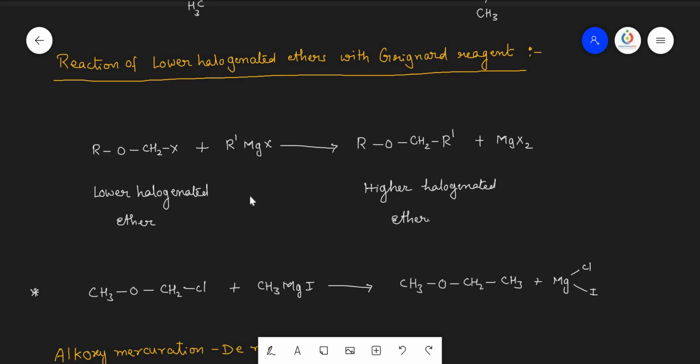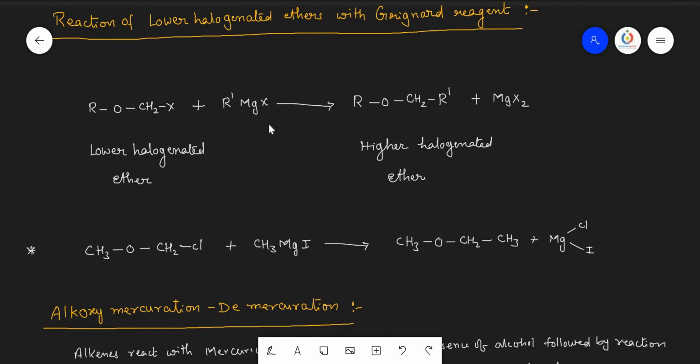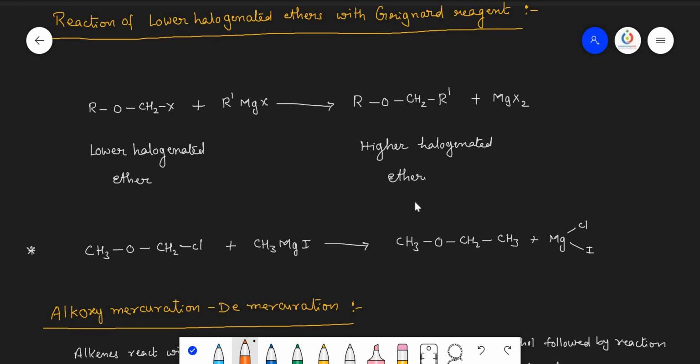These lower halogenated ethers on reaction with the Grignard reagent produce the higher ethers. So here the Grignard reagent carbon part attacks the halogen bearing carbon atom and replaces the halogen, so that the R part is connected to this carbon atom, giving the higher alkyl ethers.